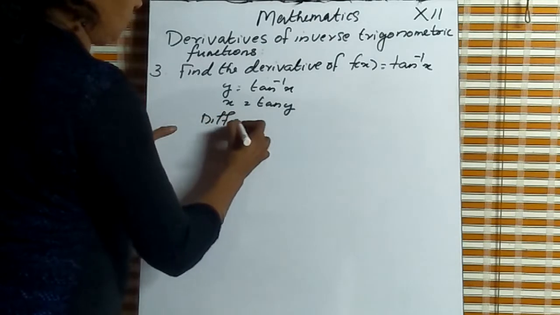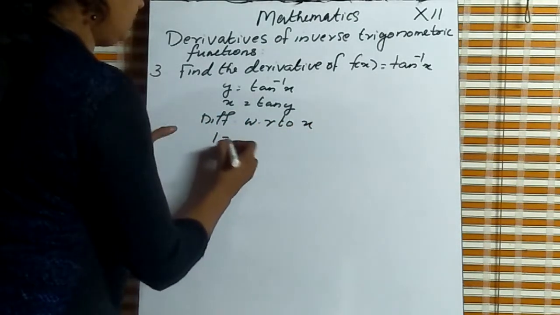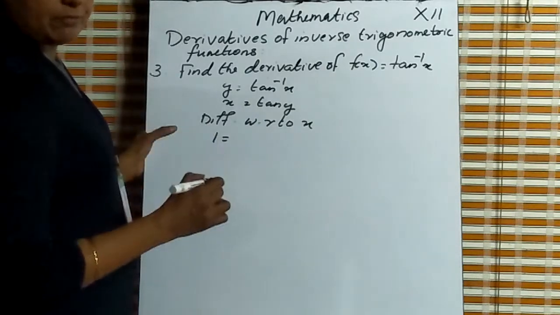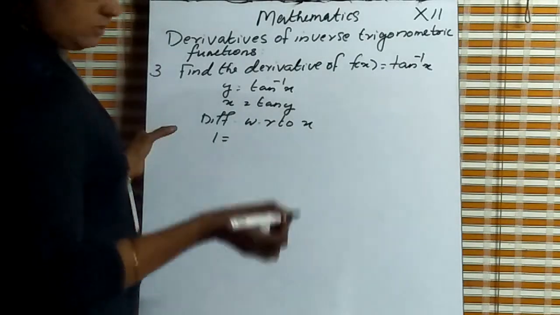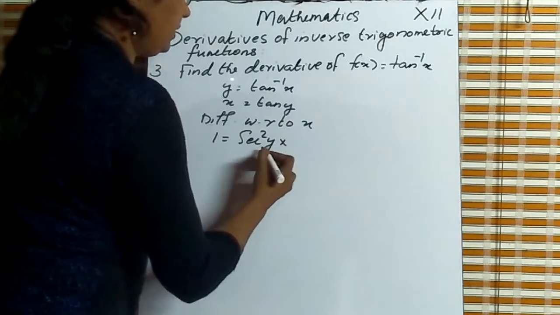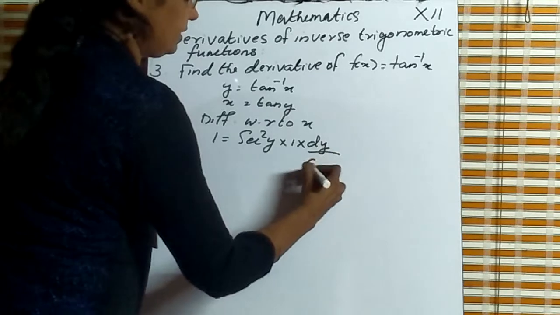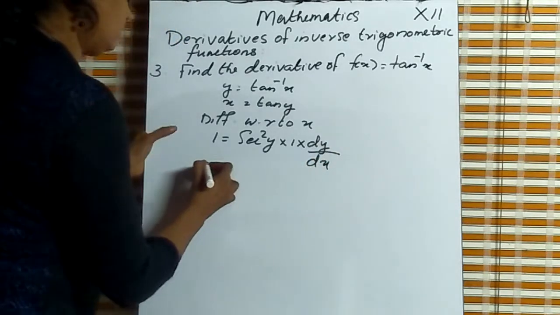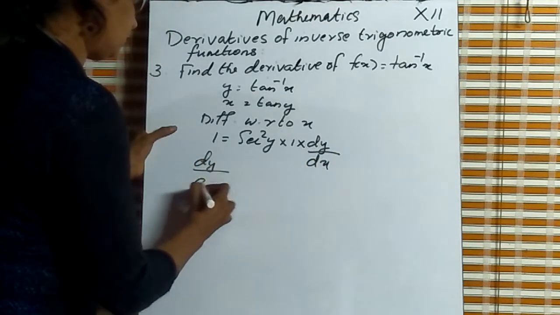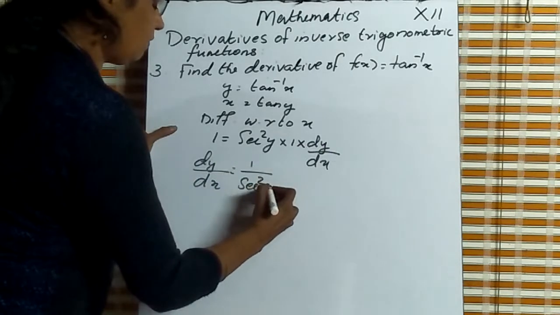Differentiating with respect to x, 1 is equal to the derivative of tan y, which is sec square y, into dy by dx. Therefore dy by dx is equal to 1 by sec square y.